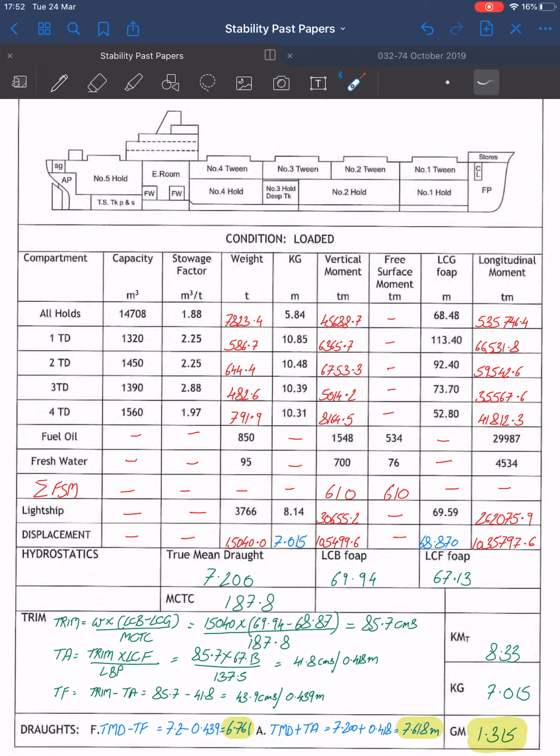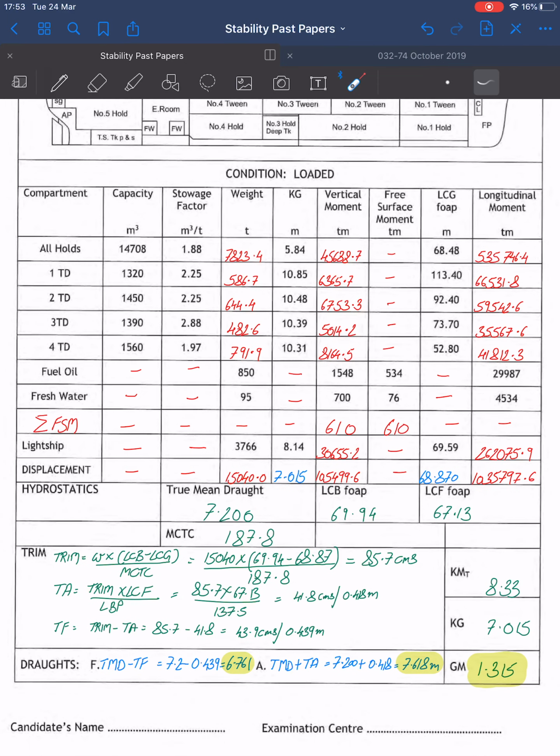And to get the longitudinal center of gravity, what we do is take the longitudinal moments divided by the weight. So we get the longitudinal center of gravity, which is 68.870 meters. Again, be careful about the rounding off to three places of decimal for LCG and KG.